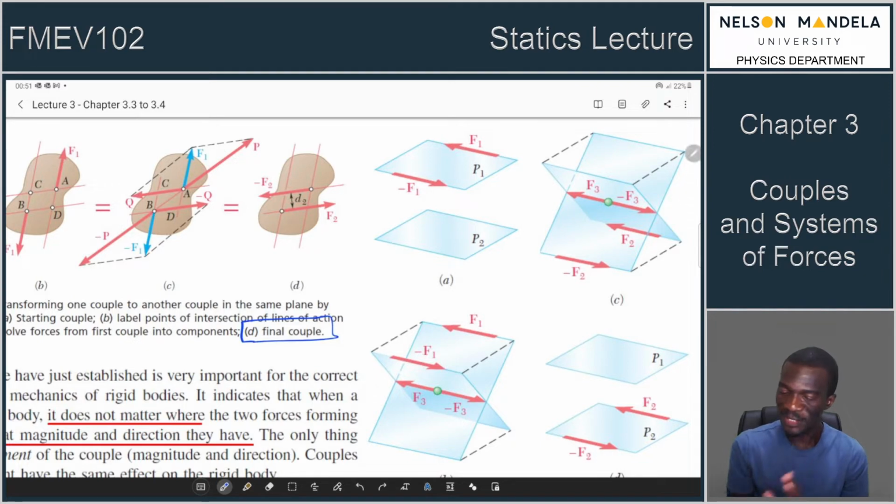So it's like a mirroring process. We still have the same set of forces, but this time these forces are now seated on the bottom of these planes that are inclined.